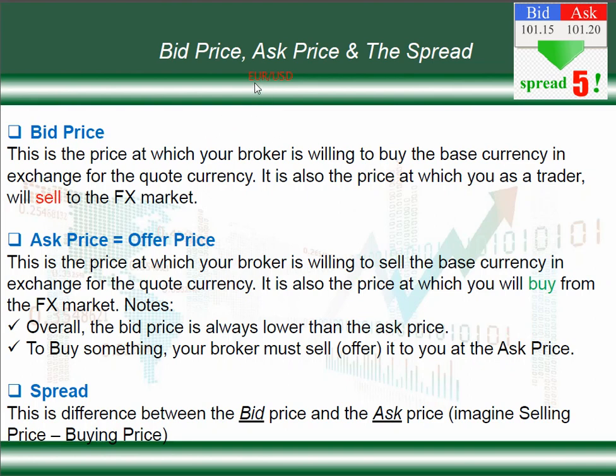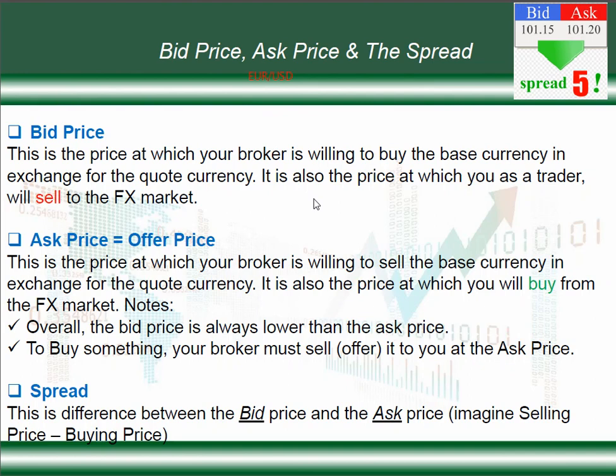So for you to buy anything from the Forex market, a broker will have to sell it to you. And for you to sell anything into the Forex market, a broker will have to buy it from you. Please get that first. Every buy involves a sell. Every sell involves a buy. And who facilitates that? A broker, a Forex broker. That is the entity, a company that will facilitate a trade.